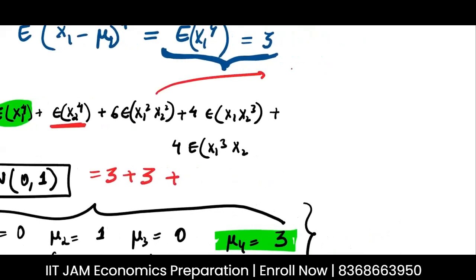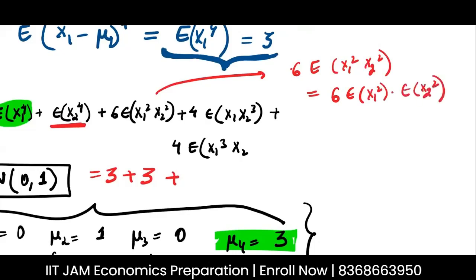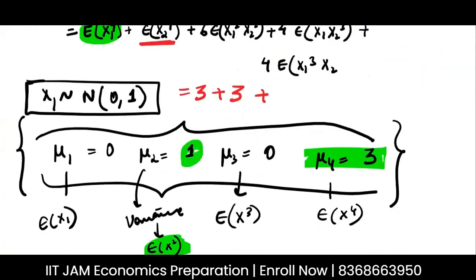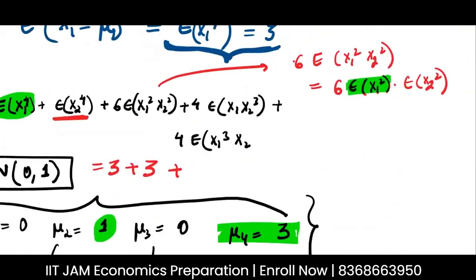Because they're independent, I can rewrite this as 6 E of x1 square x2 square, which is 6 E of x1 square into E of x2 square. But E of x1 square is 1, and x2 also has the same properties as x1, so it will also be 1. So this would be 6 into 1, which will be 6, plus 4.